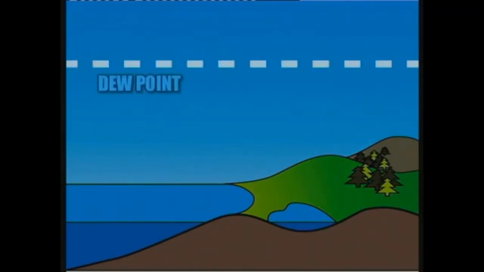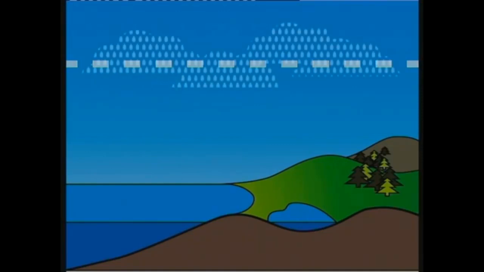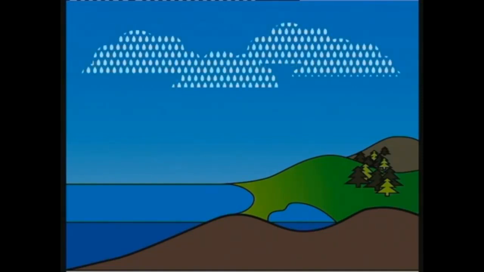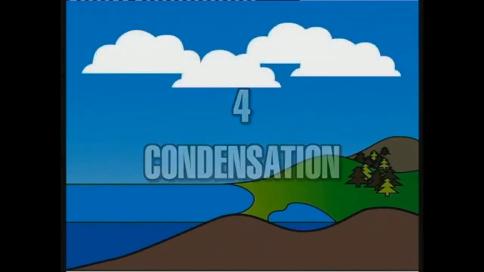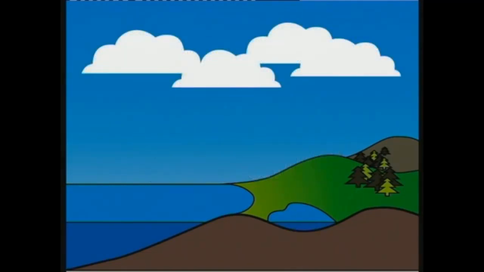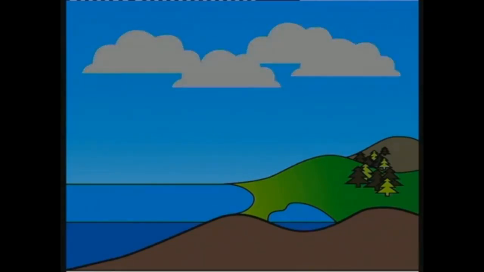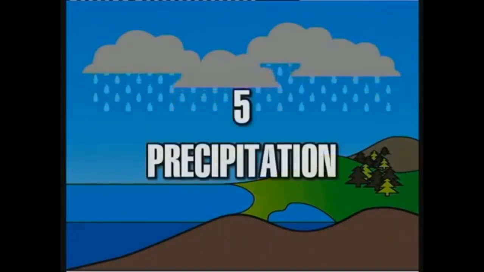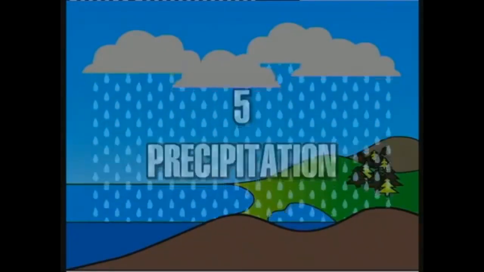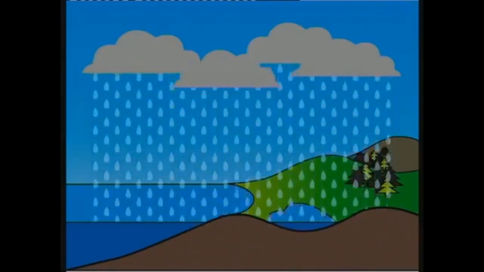Dew point is the temperature at which air becomes saturated with water vapour. Now, the air is saturated. That means it cannot hold any more vapour. Stage 4. Further cooling causes condensation, which means that water vapour turns back into minute droplets of water. That's how clouds form. Stage 5. Further cooling produces precipitation.